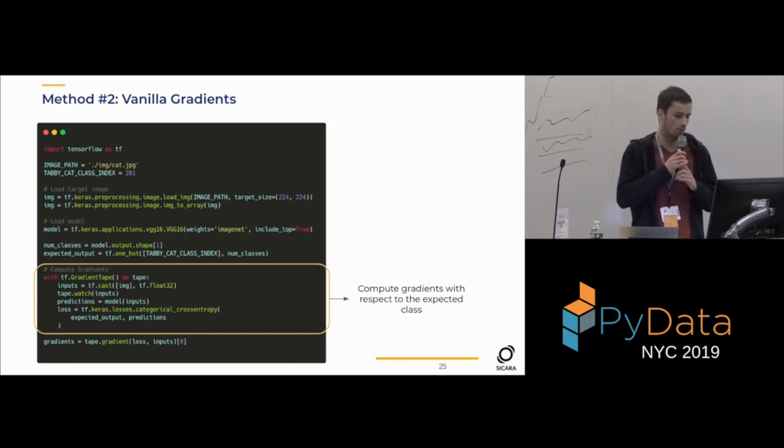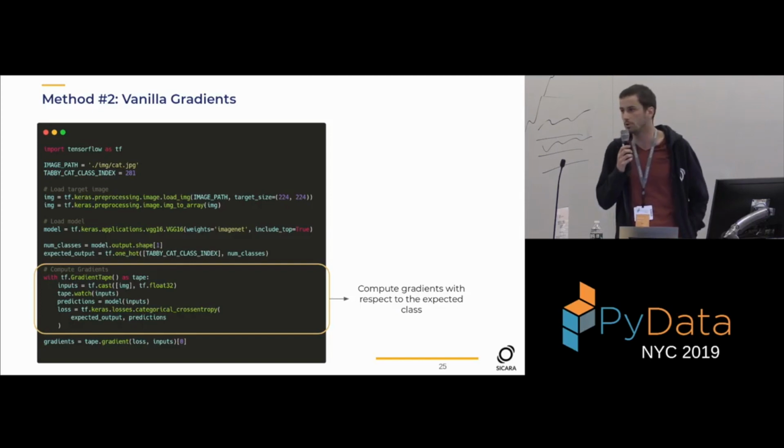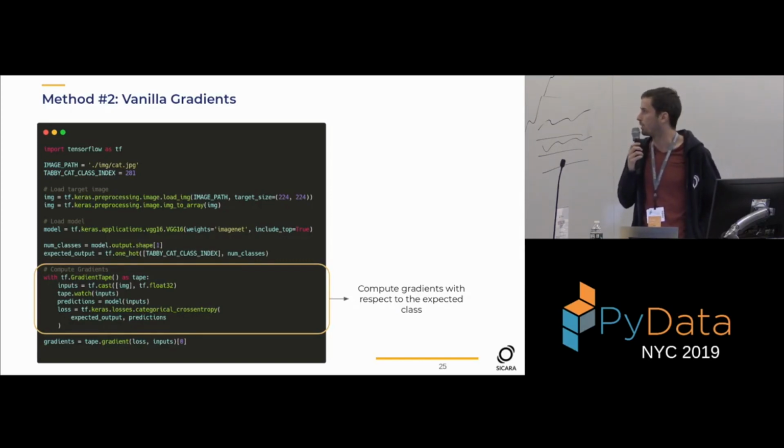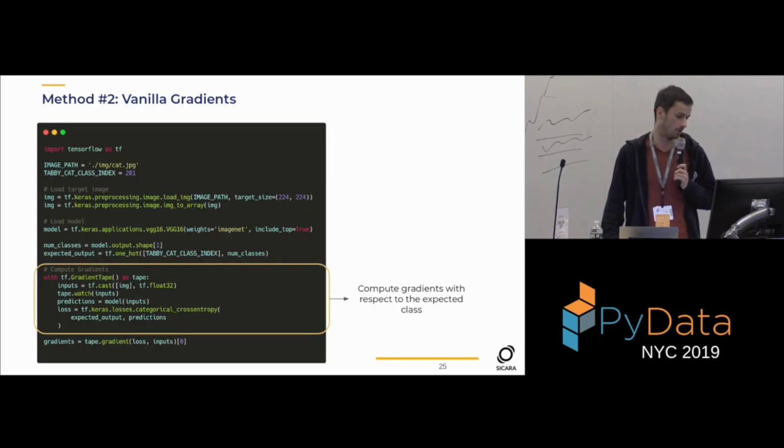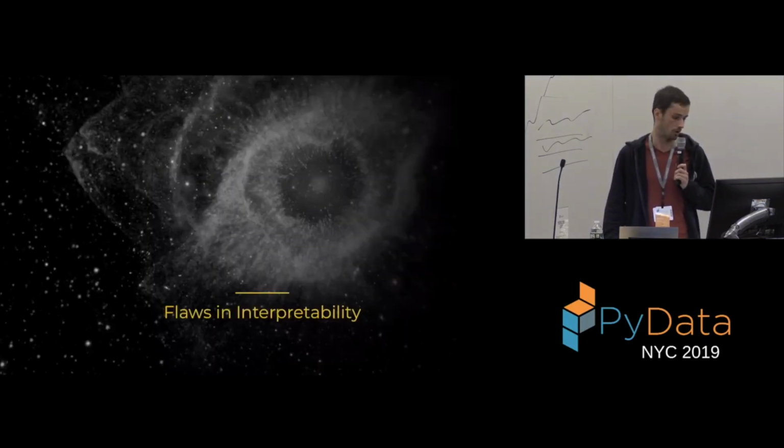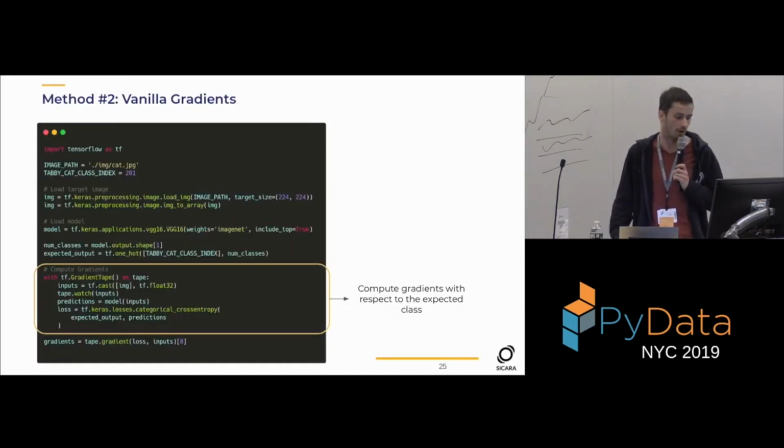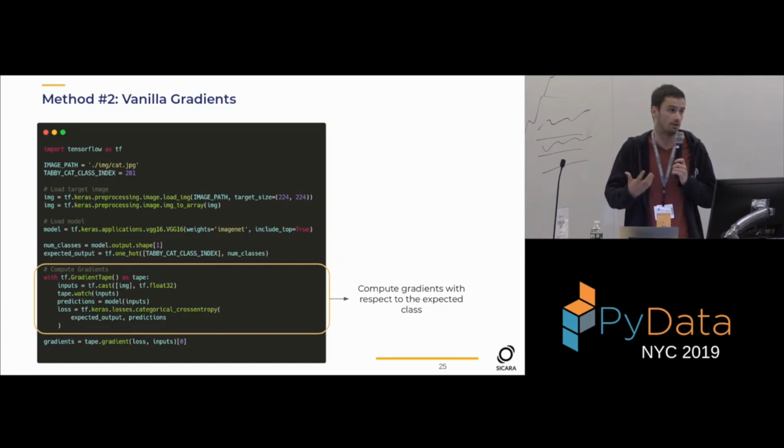And note that here we added a tape.watch on the input, because we want the gradients on the input and not on the model. So when you run this, you just get the gradients from the tape.gradient call, and it's simply the output saliency map you want to visualize.